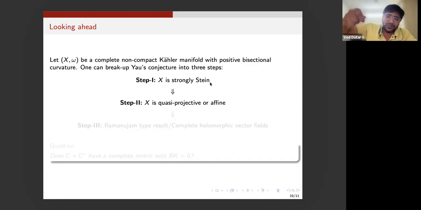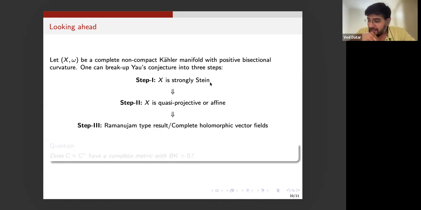But of course, as I explained, in our case, because we are using integration by parts, right now we don't know how to extend this beyond n equals 2. And then finally, of course, one would need a Ramanujam type result. The obvious generalization of Ramanujam's result in higher dimensions is false.